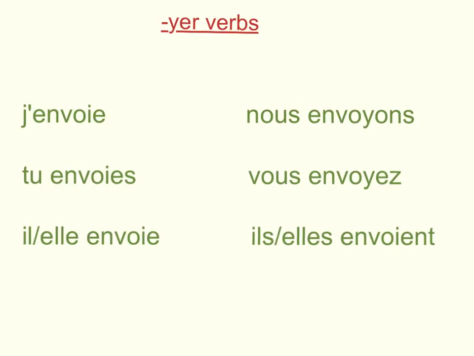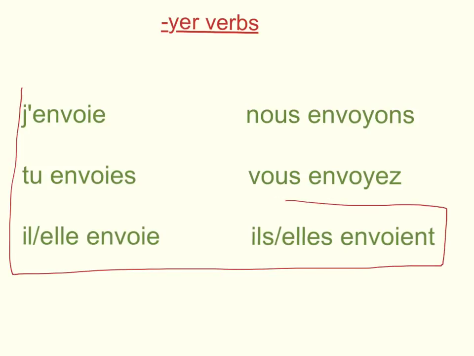Lastly, we have YER verbs. And YER verbs are a little bit different from the first two that we saw. Instead of a change in the nous form, we actually have a change in four other forms. So what has happened here is that in the je, tu, il, elle singular, and ils, elles plural, instead of a Y, it's been replaced with an I. So if you look at it, all of the endings are still the same.